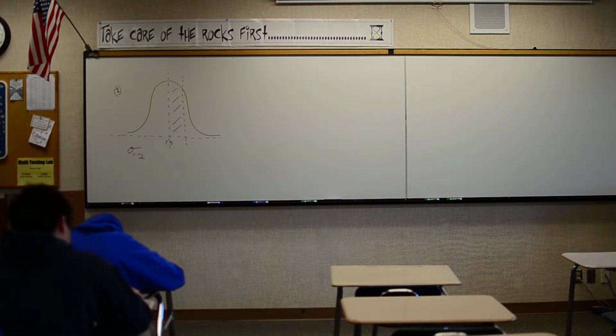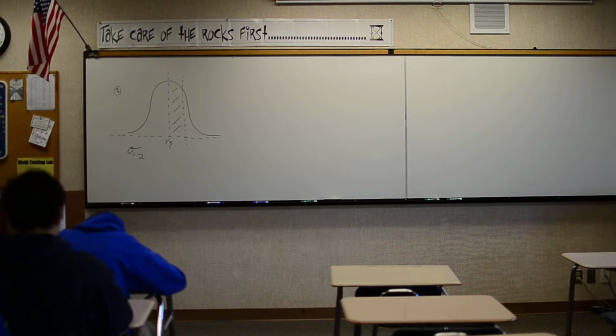And number 4 would be Jonathan's: what percentage of the data lies above the mean? Or half the normal distribution? Wait, for 3 or 4? For 4.